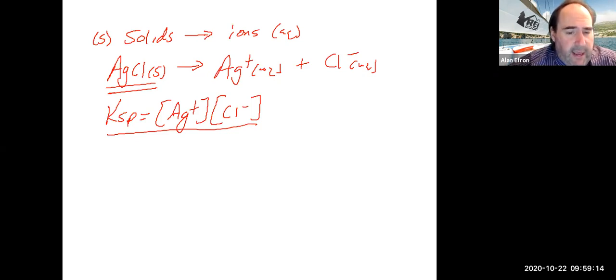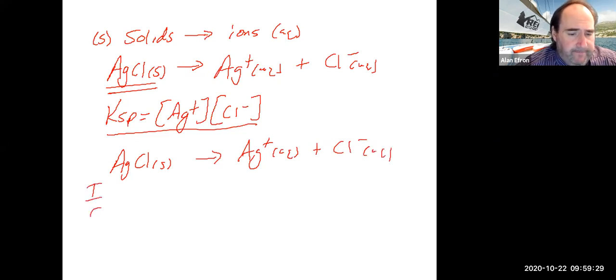Now, we can have certain problems, as we talked about last time, where we have to do an ice table. If we were doing an ice table with something like this, like we saw the other day, we would approach it the same way. We would start with zeros. The difference that we talked about is usually in solubility type problems, we use that S instead of an X, and really you can use any letter you want.